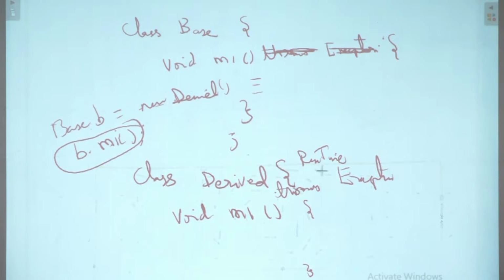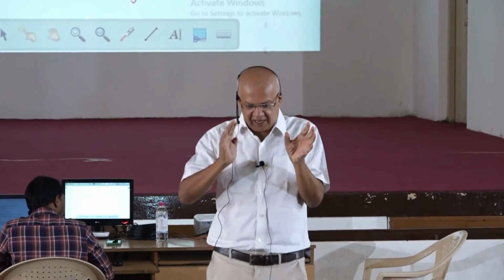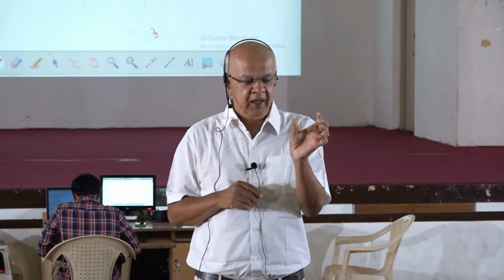Okay? Now, some of you, I'm sure, most of you have not understood this. I'll make one more attempt to get through to you. When I design base classes and derived classes in Java, you have to be always aware, please understand this, or even if you don't understand it, at least think about it.